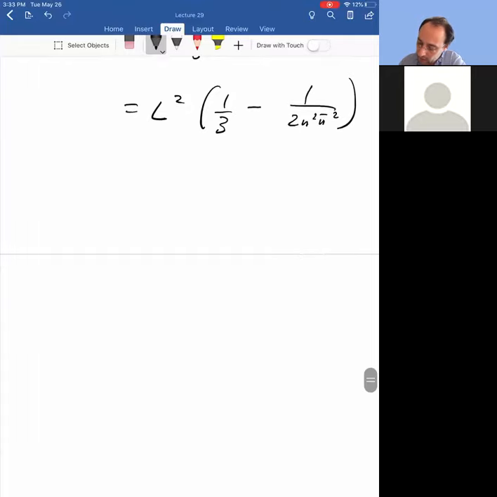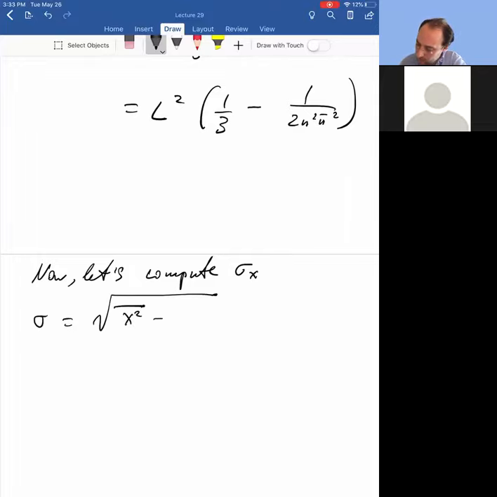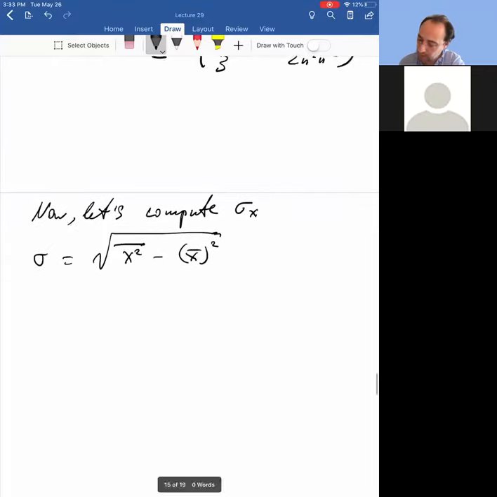And now let's compute sigma x. Remember, standard deviation equals the square root of this minus this, right? Plug and chug. Let's plug away.